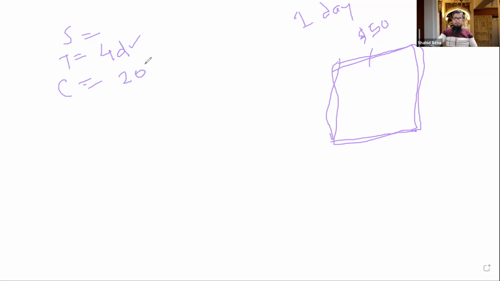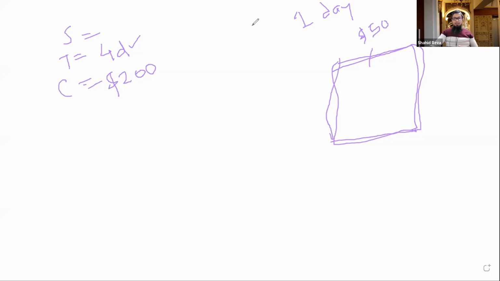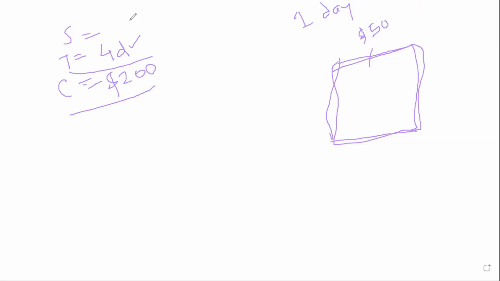Okay, $200. So our schedule baseline is actually 4 days. Before starting the project, we just plan we need 4 days to complete the coloring of the walls, and the cost baseline is $200. All right, and scope baseline is we need to complete the 4 walls and we need to color the 4 walls.